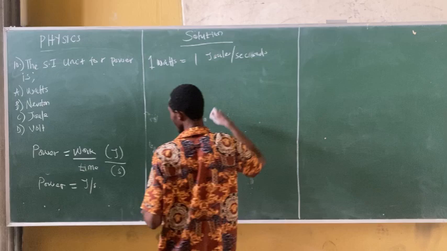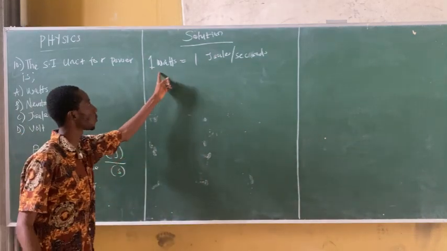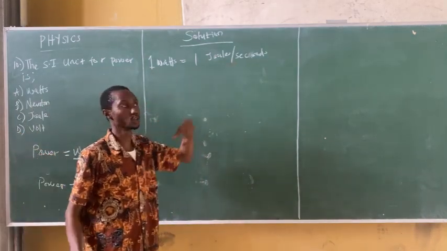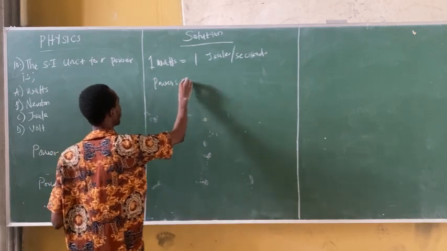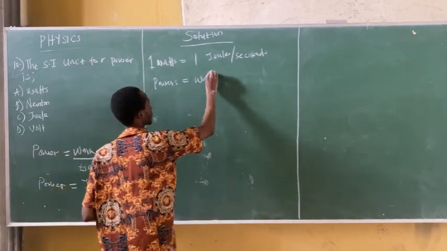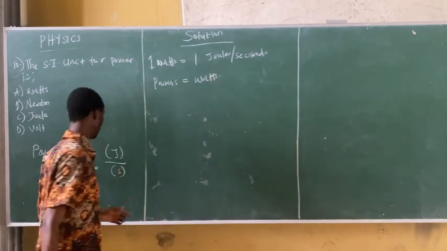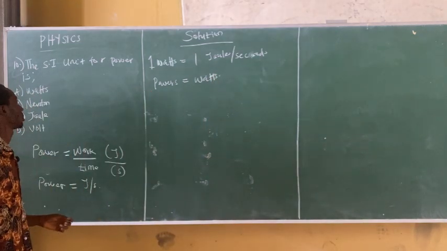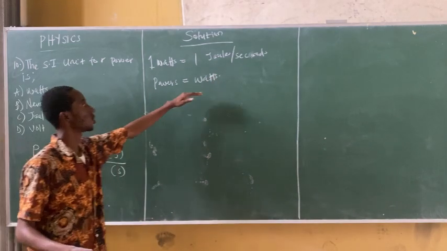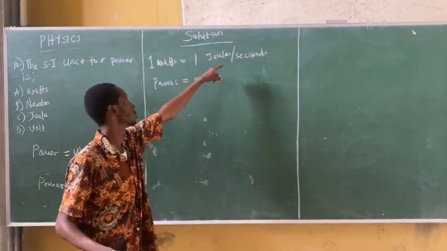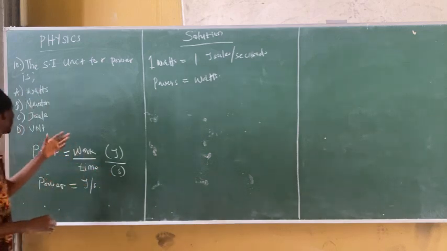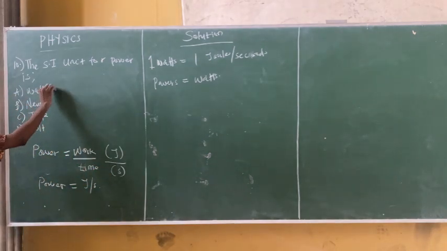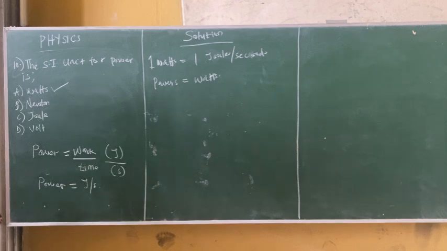Since 1 watt is equal to 1 joule per second, we can say power is also measured in watts, not just joules per second. So the unit for power is the watt. Therefore, the correct option here is option A. Power is measured in watts.